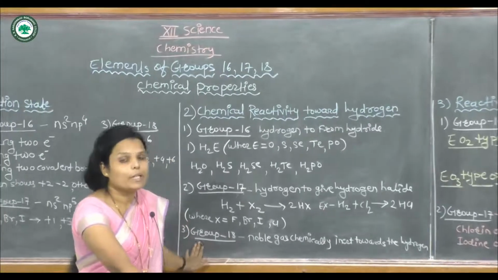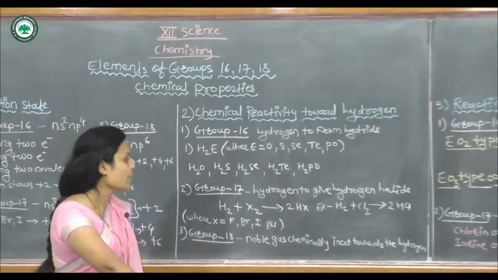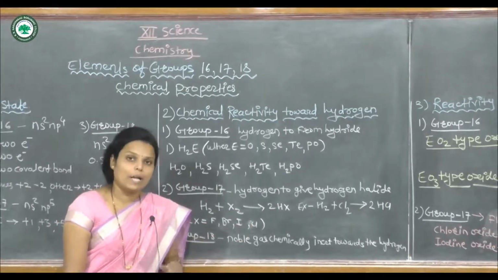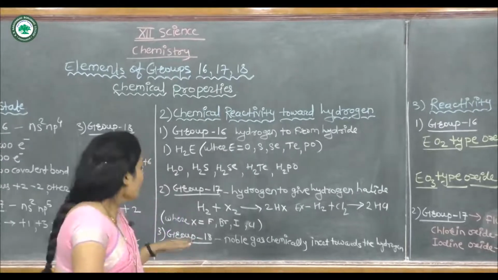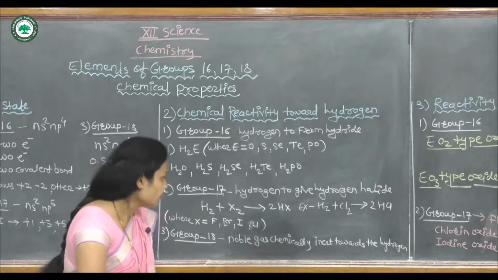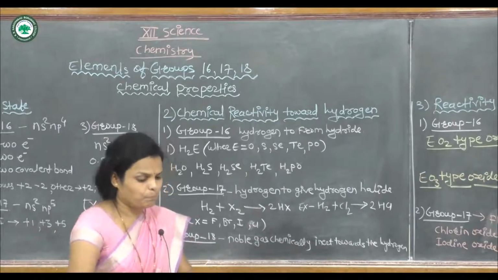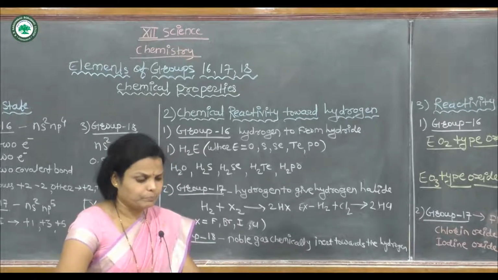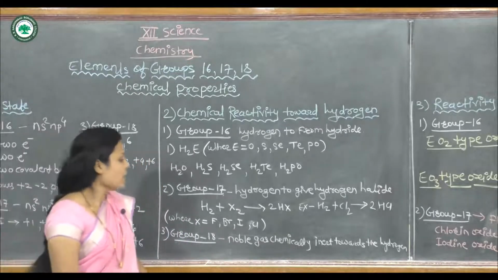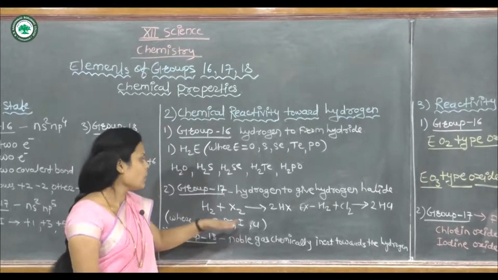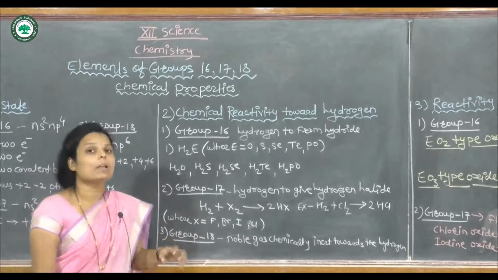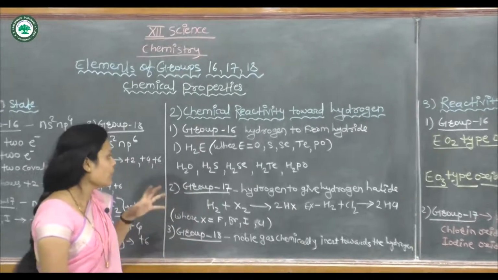We know that group 18 is the noble gases, inert gas elements, and noble gases are chemically inert towards the hydrogen atom. They have a stable electronic configuration, and that's why those elements do not react with a hydrogen atom; they are completely stable elements of group 18.